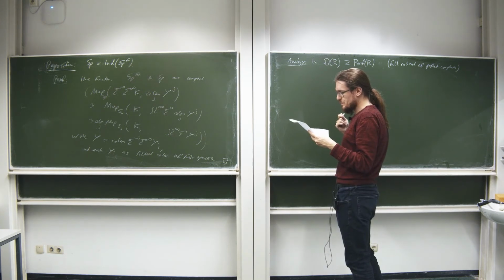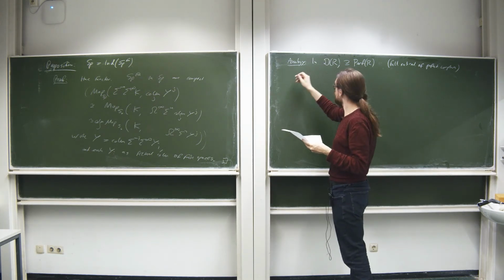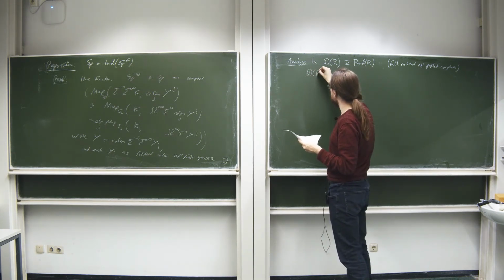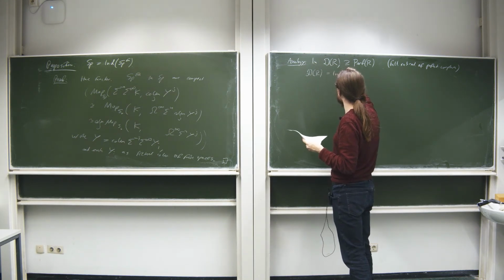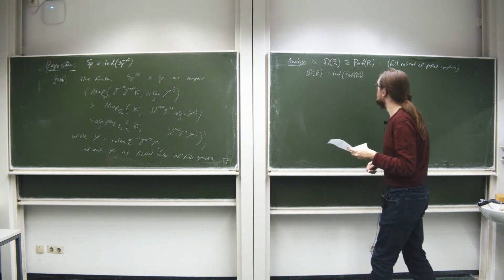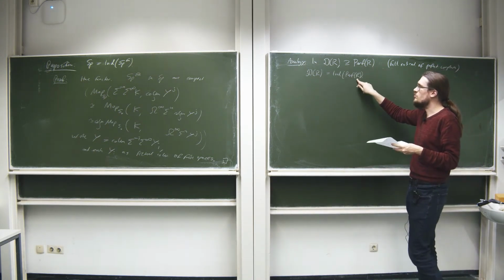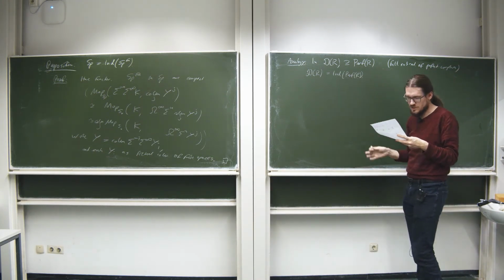And similarly to what we showed here, it turns out that D(R) is actually just Ind of Perf R. So again, somehow this category of finite complexes recovers the whole thing.